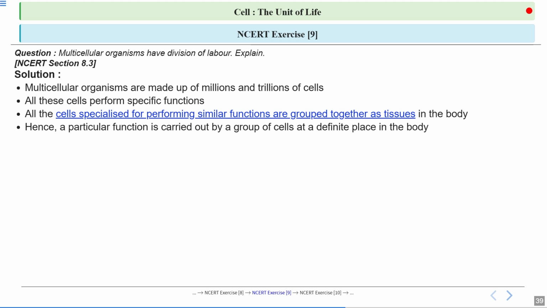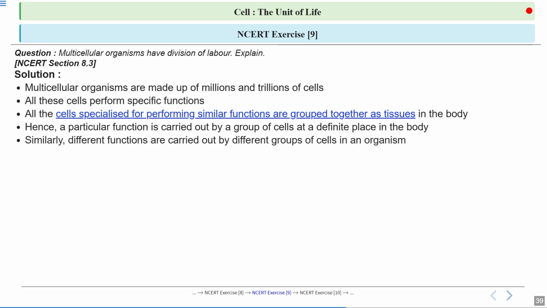So a particular function is carried out by a group of cells at a definite place in the body. Similarly, different functions are carried out by different groups of cells in an organism. So basically, different tissues are performing different kinds of functions. And what are tissues?